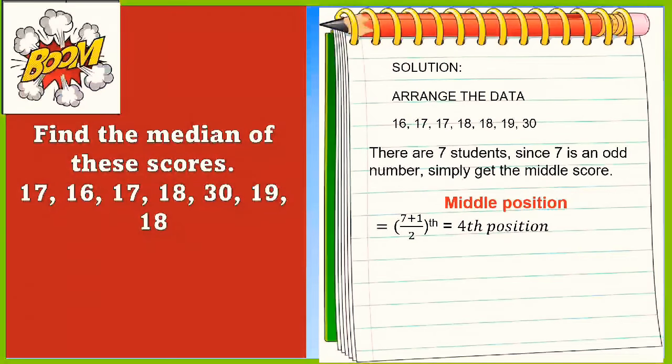There are 7 students. Since 7 is an odd number, we can apply the formula n plus 1 over 2, and substituting the value here, we have 7 plus 1 over 2, that is also equal to 4. By counting, the fourth position in this set of data is the median, and that is 18.